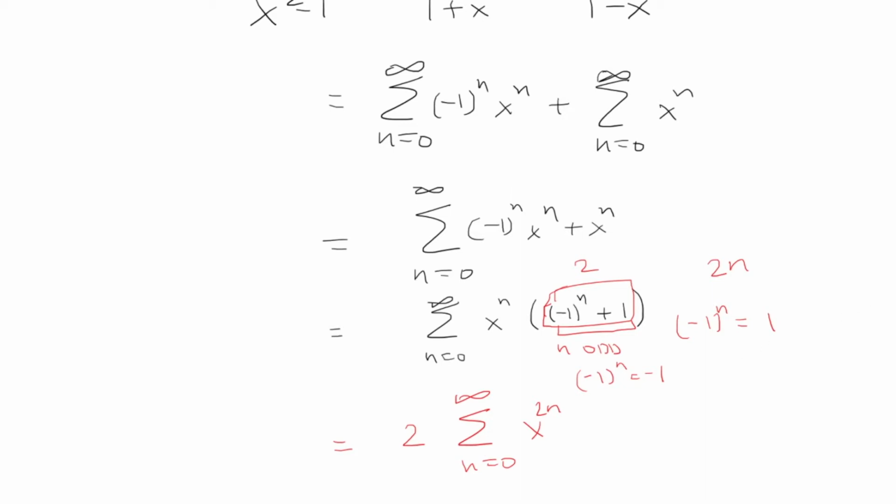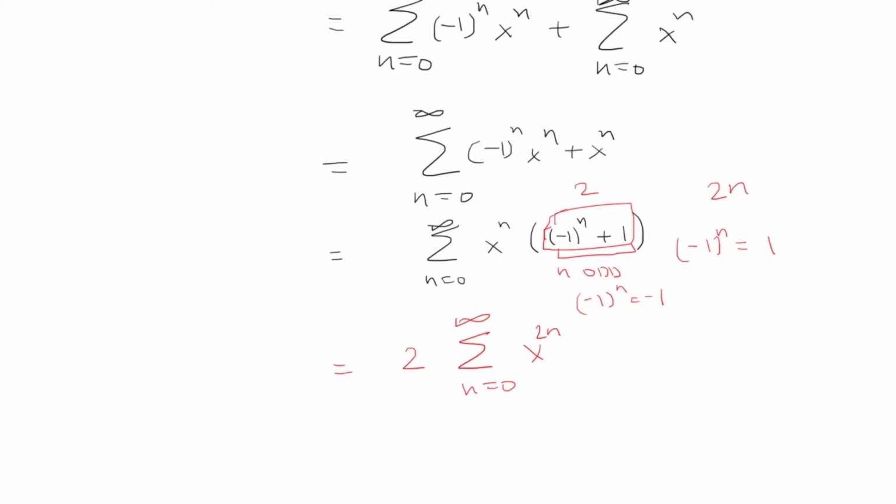Now we want to find the interval of convergence. Keep in mind, this is a geometric series with a ratio. It may not be obvious, but this is basically x squared raised to the nth power, the same thing as x to the 2n. So the ratio here is x squared.